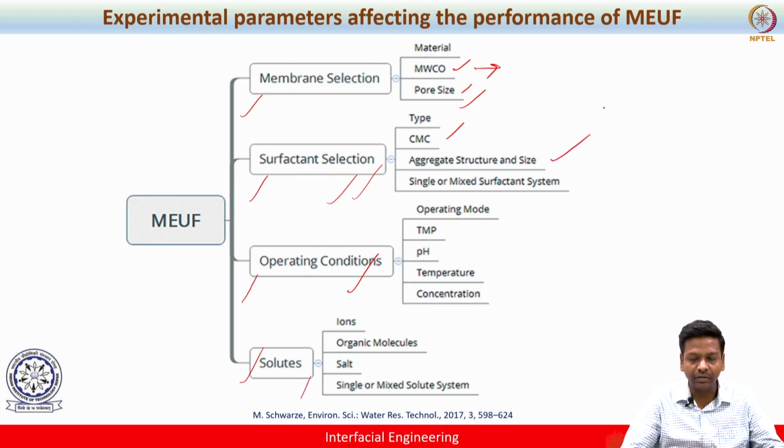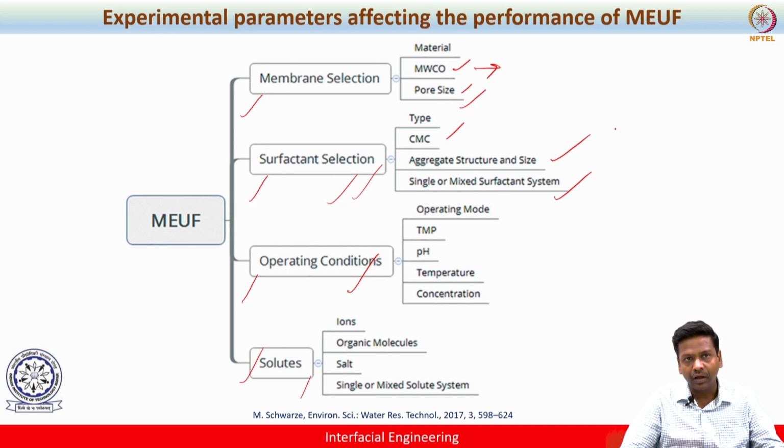The second point to cover is the aggregate structure and size. What is the size of the micelles that we are dealing with? The size should be a little larger than the pore size, so one has to choose accordingly. The next point is whether we are going to use a single or mixed surfactant system.